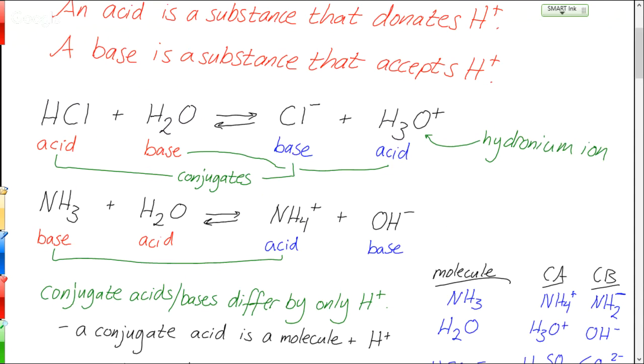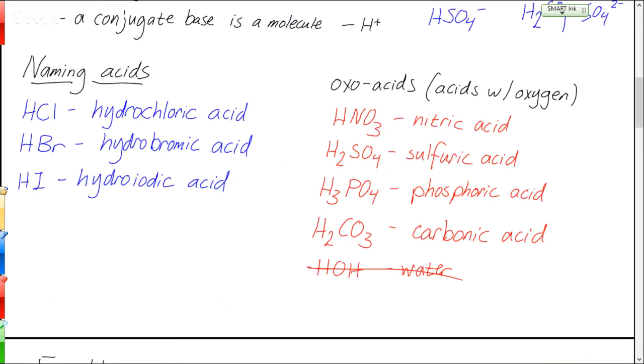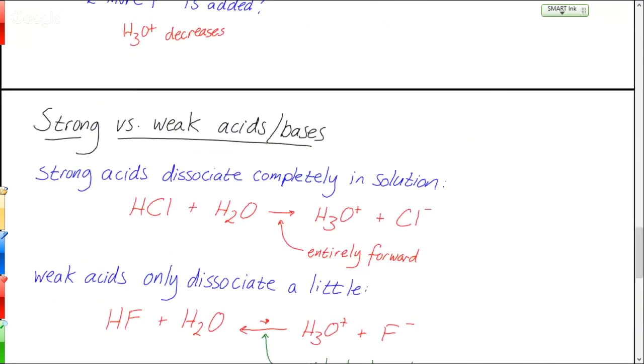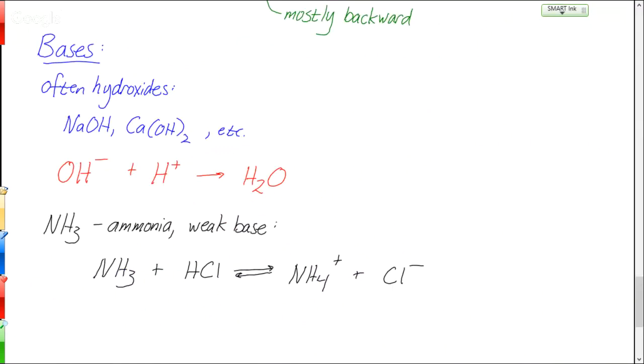So when you dissolve ammonia in water, what you really have is an ammonium hydroxide solution. So it's still an ionic solution, even though it started with these neutral molecules. So ammonia is kind of like a hydroxide in water solution. All right, so that's strong versus weak acids, equilibrium.